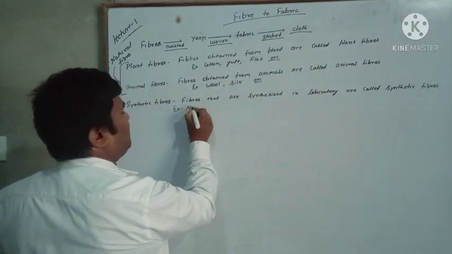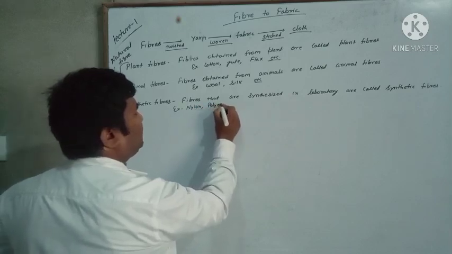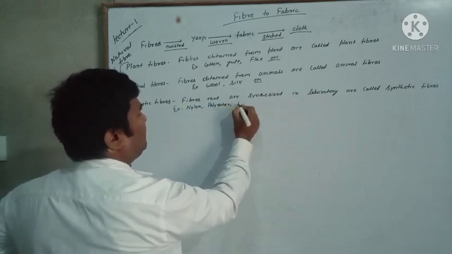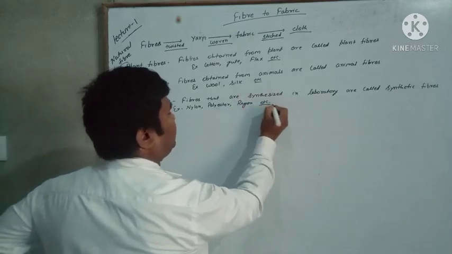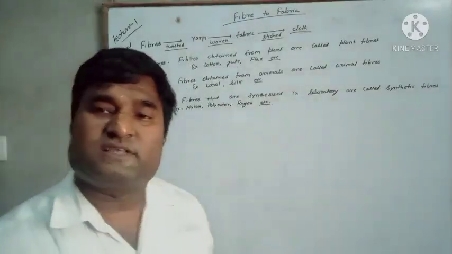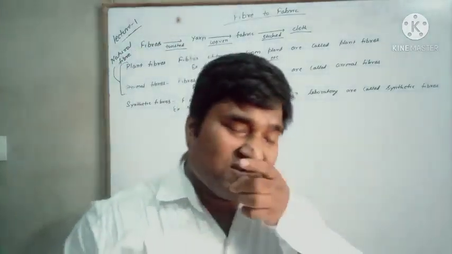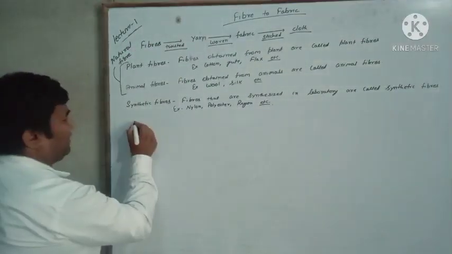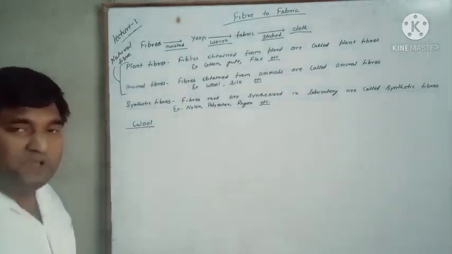Examples: nylon, polyester, rayon, etc. In this chapter we are going to discuss the animal fibers, that is wool and silk. So our aim will be wool and silk.